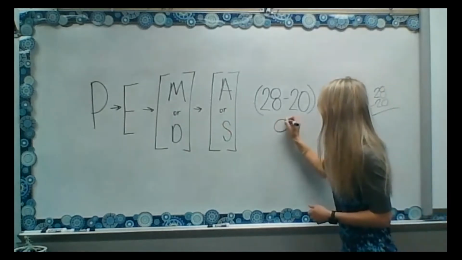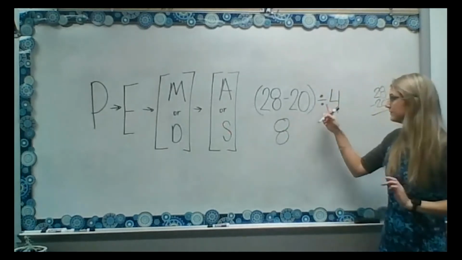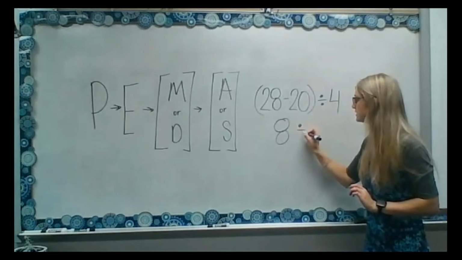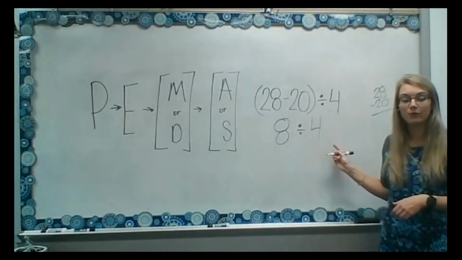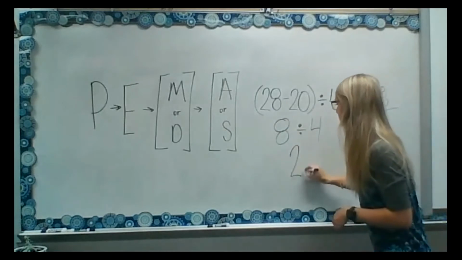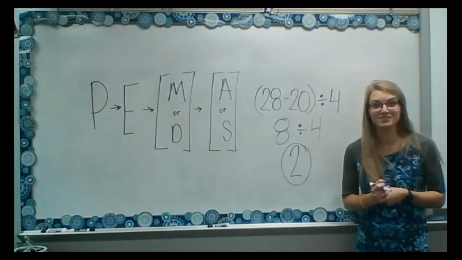And you're going to get 8. Now I have a divide 4 left, so I bring the divide 4 down, and 8 divided by 4 is 2. So I know that 2 is my final answer.